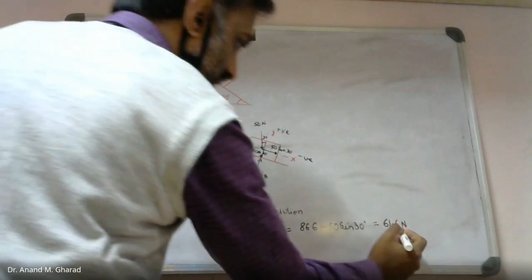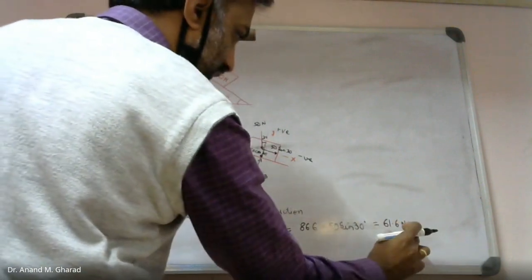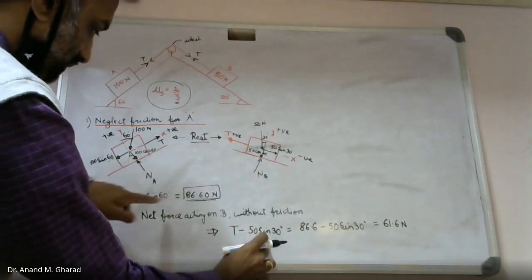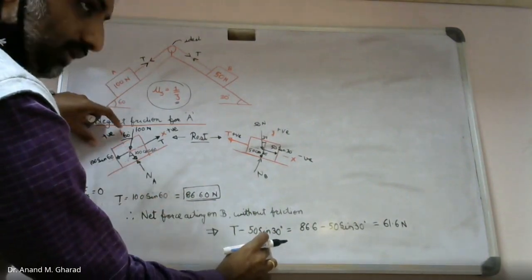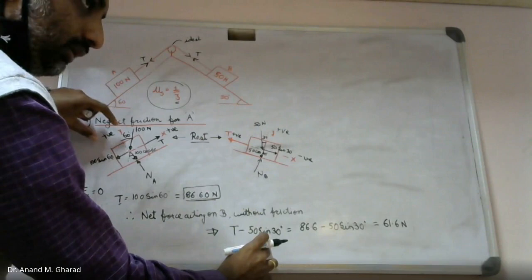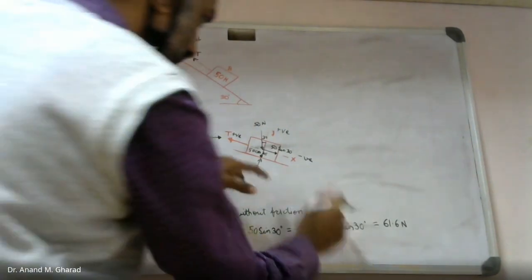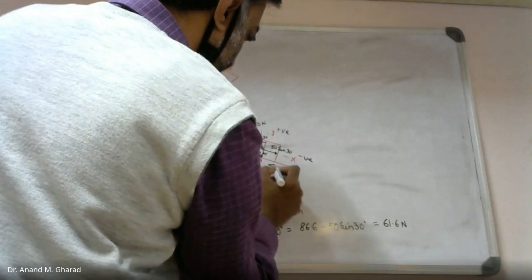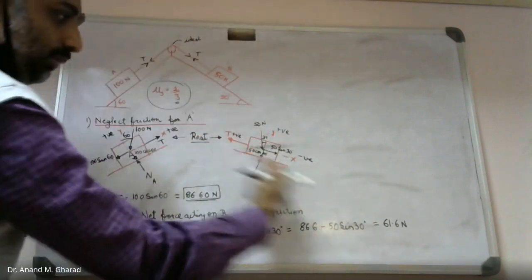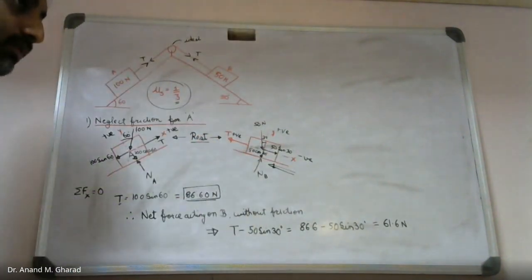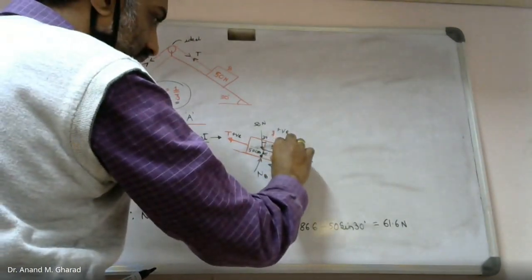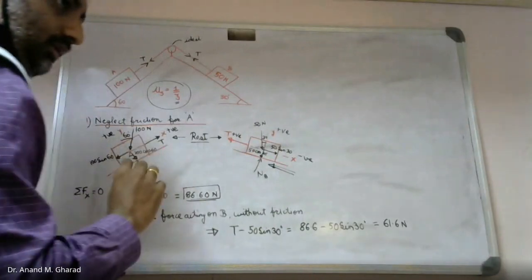That means this net force, whatever net force we have calculated on block B, with the help of this understanding that block A is at equilibrium, or it is at rest, this net force which is acting shall be in the upward direction.